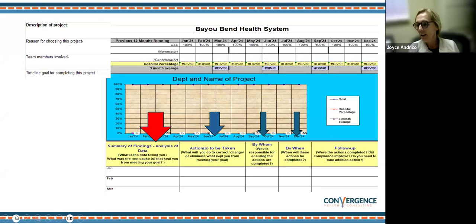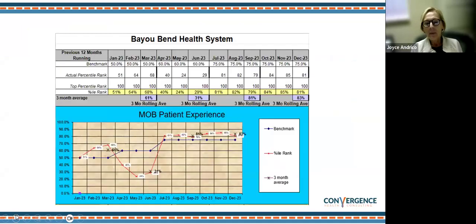So the next slide is just an example. This is looking at our medical office building and patient experience. So a lot of times, pull your baseline data. So in January of last year, we pulled our baseline data and our percentile rank was 51. So that's where we started out.